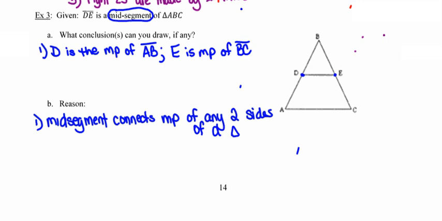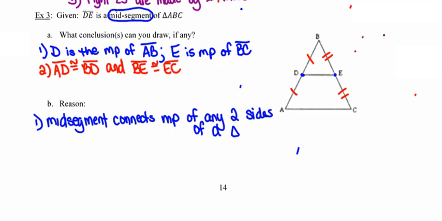And if those fellows are midpoints, then I know that segments AD and DB are congruent, and I know that segments BE and EC are congruent. And that's because a midpoint makes two congruent segments.